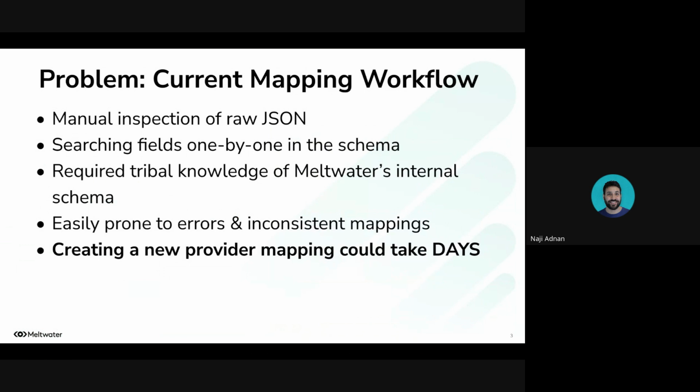Since this is a manual process, there is room for errors, and we might end up with inconsistent mappings across 115 plus providers. After all, the overall content mapping procedure is complex and takes time.